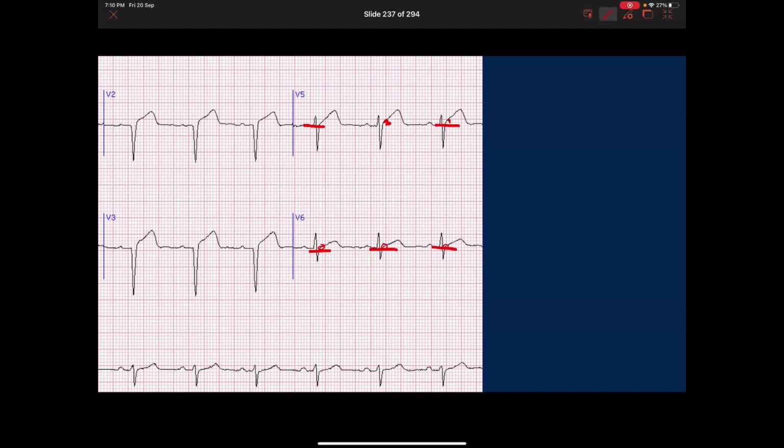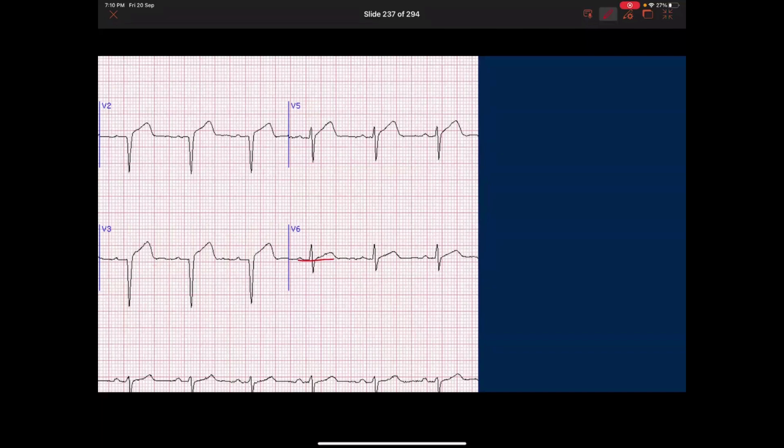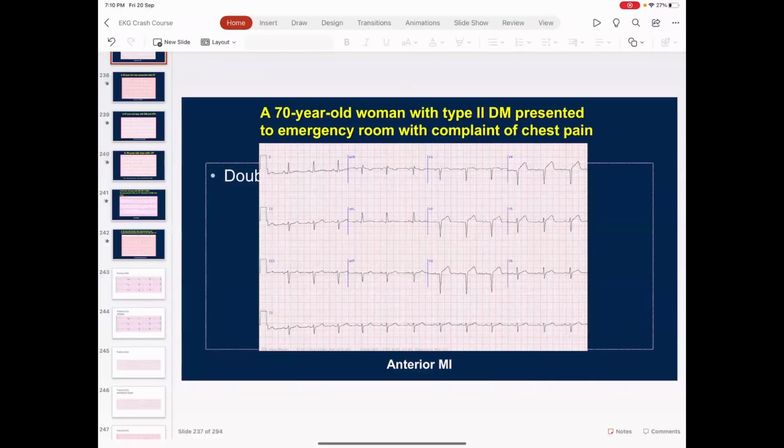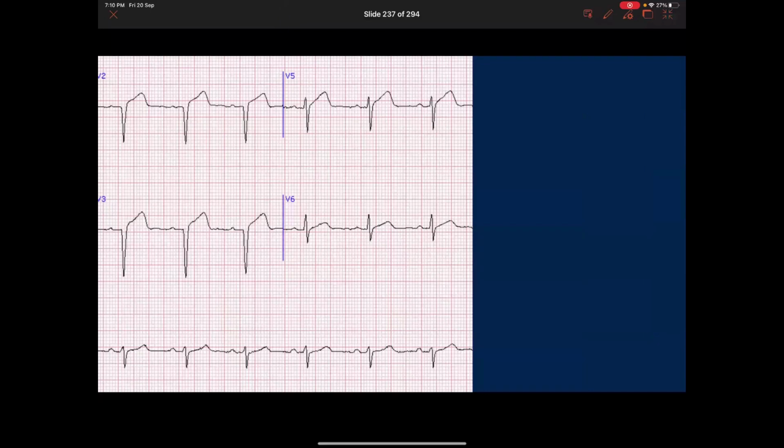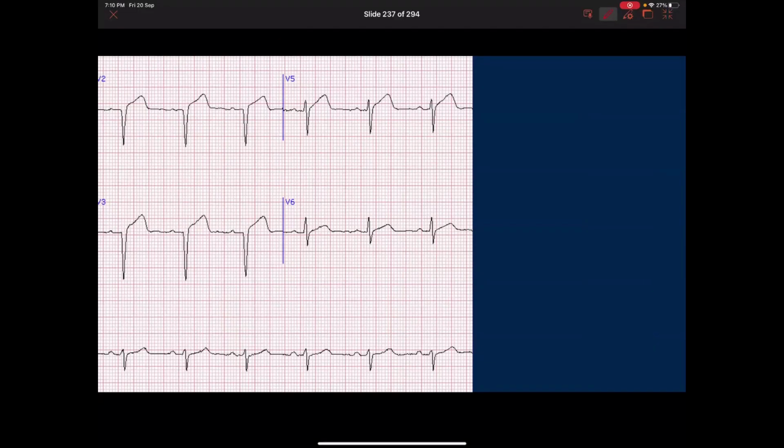Okay, yeah, it's so tiny. So barely, if you draw the straight line, it's this. You look at the J point, which is this point here. Don't look at this part; if you look at this part, it looks elevated. But you need to look at the J point, which is right here.